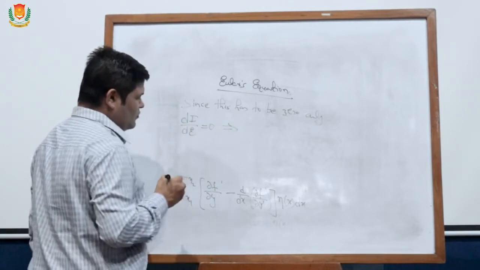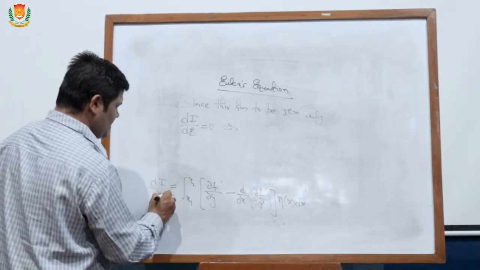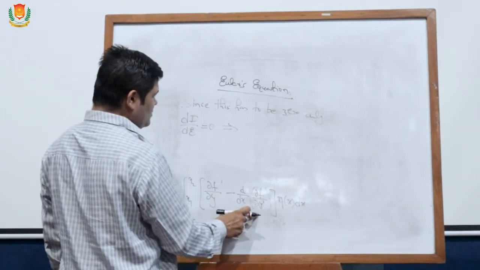So for this integration, this is the dI upon d epsilon, and this needs to be 0 only when this part equals 0.